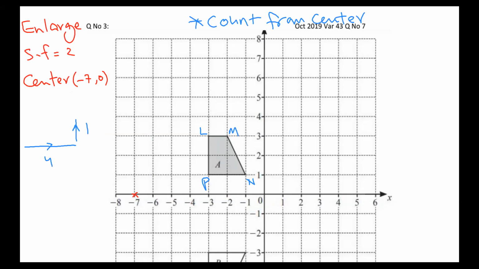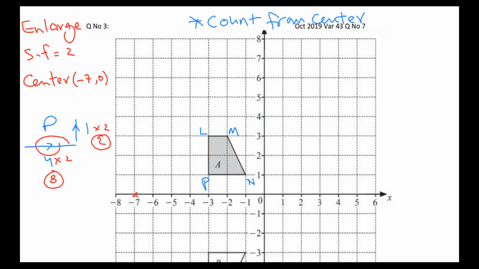Alhamdulillah, it is very clear. Now I have both numbers, and I apply this to the letter P. Now multiply by 2, because the object is going to be 2 times bigger, with scale factor 2. So 4 times 2 is 8 and 1 times 2 is 2.